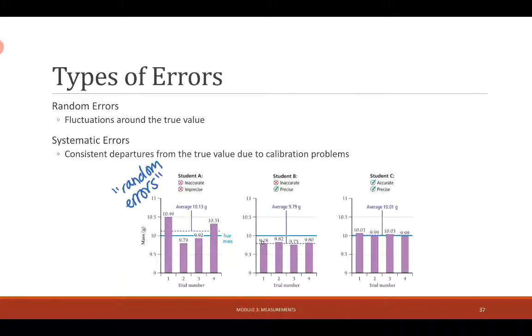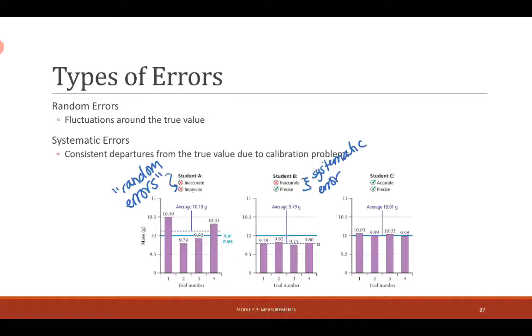Student B, all of them were very precise. With random errors, you won't be accurate and you won't be precise. If you are inaccurate but precise, you're most likely in the systematic error, because all of these measurements are really close together, they're just offset from the true value.